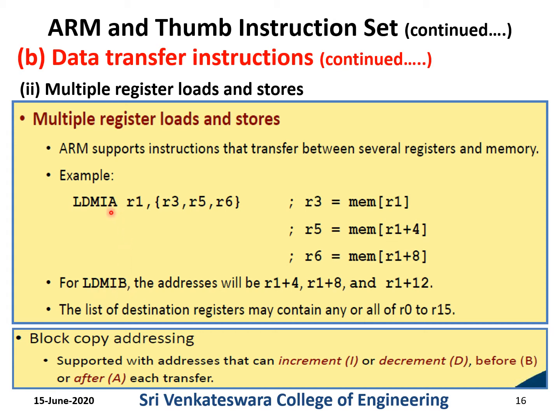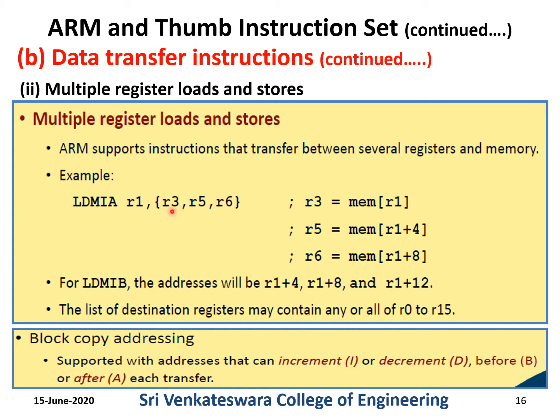If there is an A in the instruction, first the load or store operation is performed, and after the load or store, the memory register's value is incremented or decremented depending upon whether it is I or D. In the given example, from the memory location R1 was holding, data is loaded into R3.